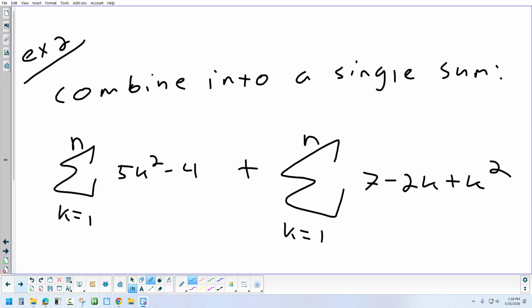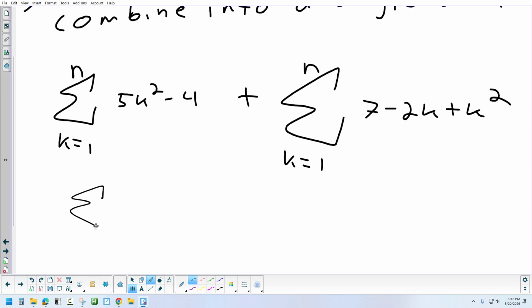Okay, so I want to combine these two summations into one. When we merge them together, what is going to be our start value for the index?